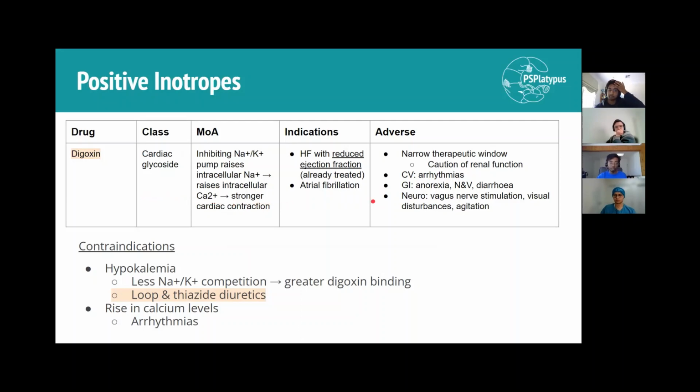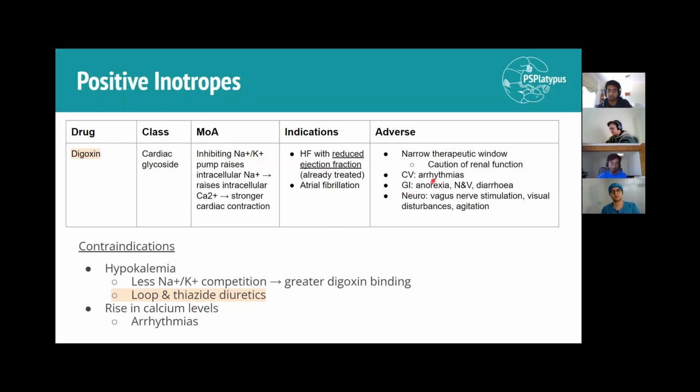So digoxin is typically used in heart failure with reduced ejection fraction. We talked about this earlier, where reduced ejection fraction is when the heart is more dilated and it just can't pump the blood out properly. And it's not first line, so it's usually when the patient is already being treated. Also used with atrial fibrillation, to help with arrhythmias.